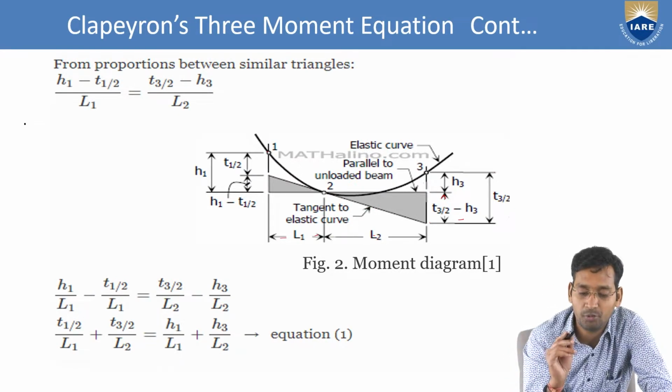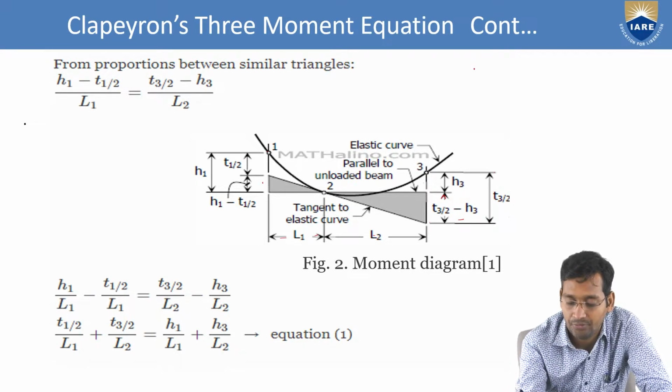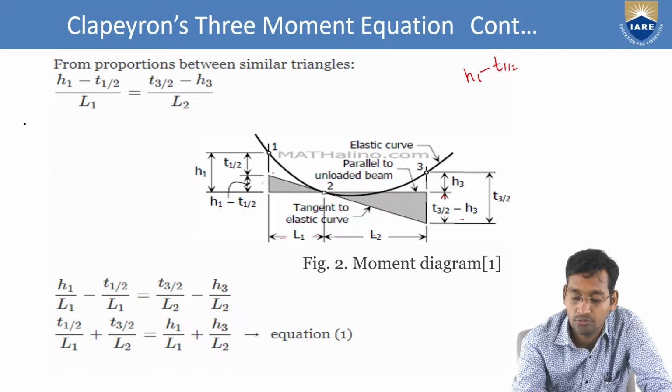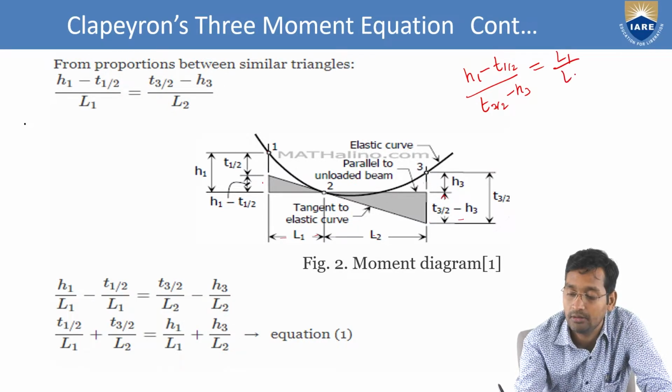So for similar triangle property, what is that? This height, right? So this means this height is H1 minus T1 to 2. This height if you are taking, then we have to take this side, divided by T3 to 2 minus H3, will be equal to L1 by L2.